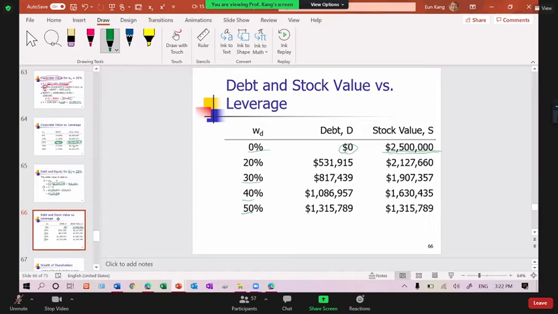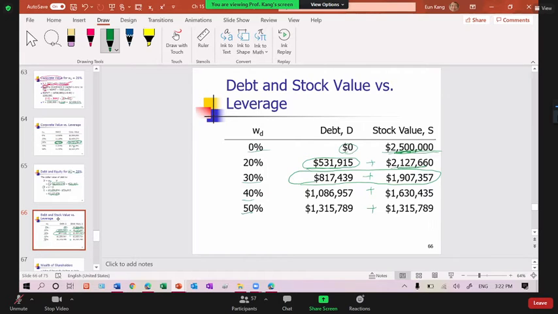Then stock value, this one is smaller than this one, but the total value of the company is bigger because of this one. You add these two, that is total value. And the total value is highest when the capital structure is 30%.